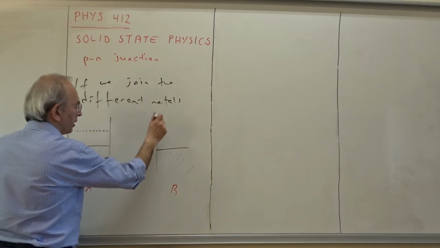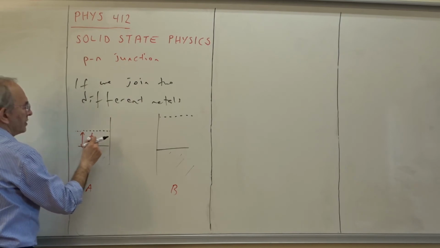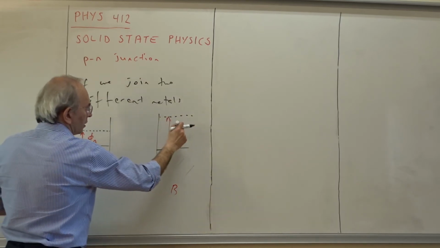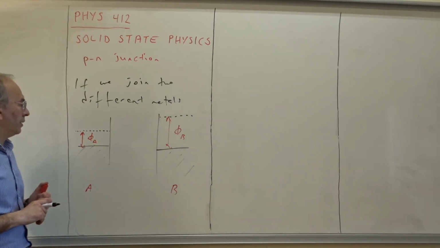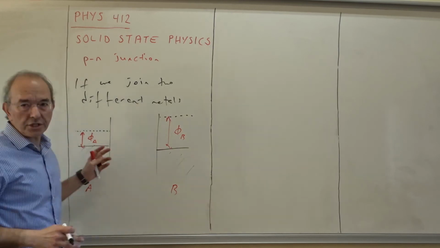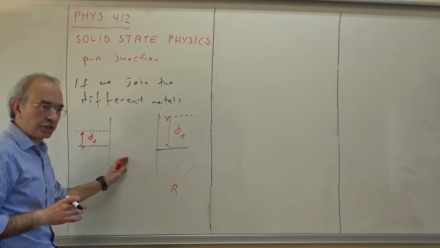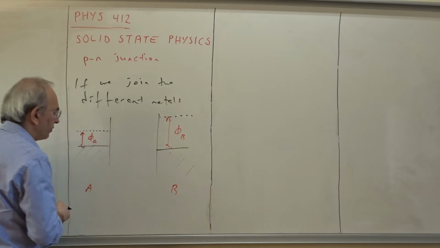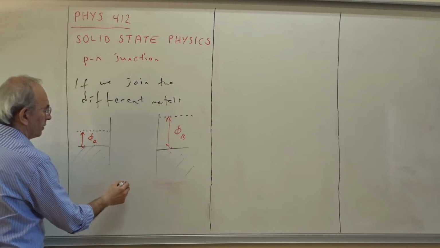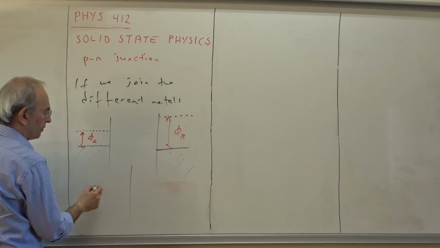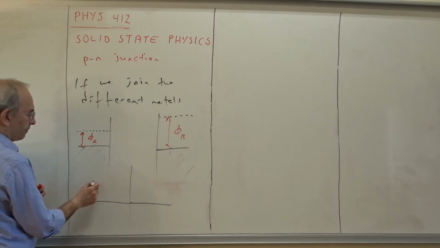Let me call this one phi sub A, and that one phi sub B. They are not touching each other yet, at different positions in space, and there's no junction. But if you bring them together, what happens? Let's join them.